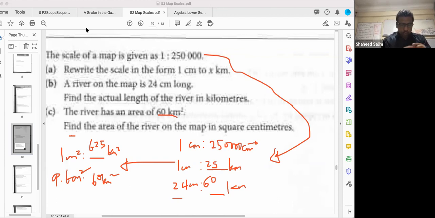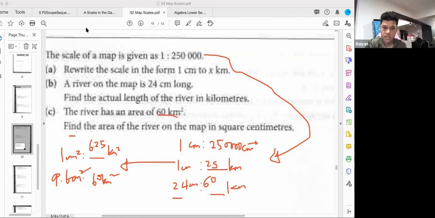Okay. The earlier chapter, I think, is not here. It's in A book, right? Okay, let me get A book.